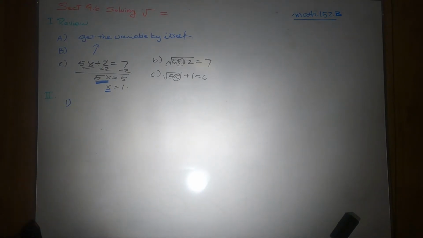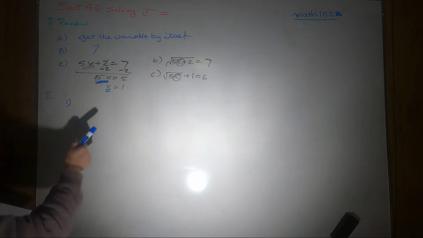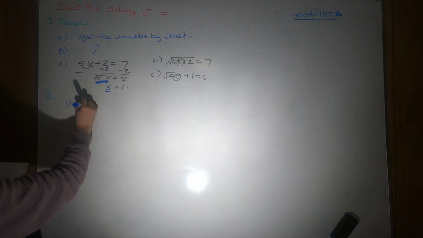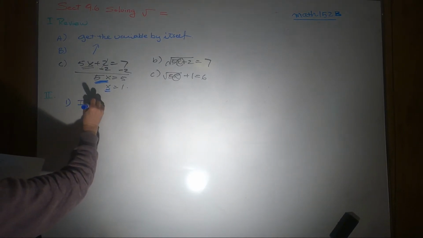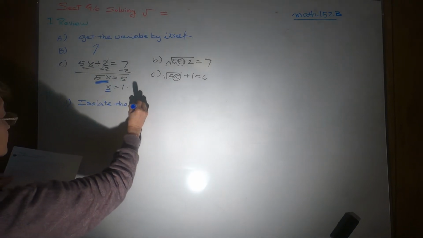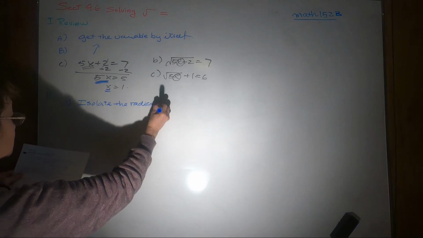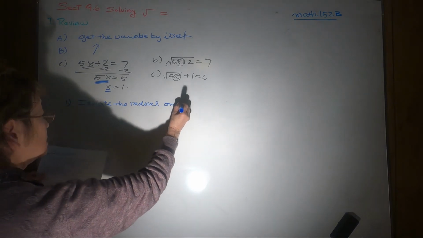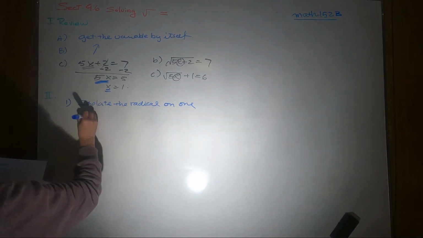What we do is, we just want to get those things with radicals on one side. So we will isolate the radical on one side of the equation.